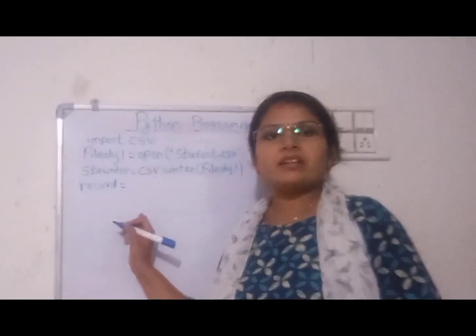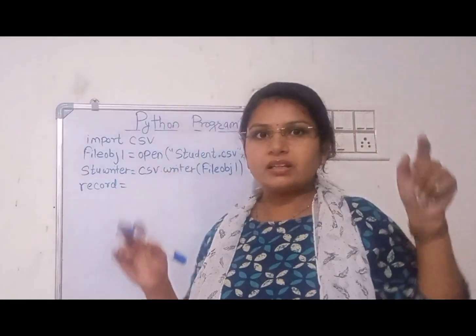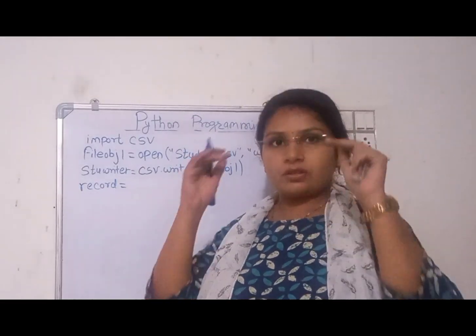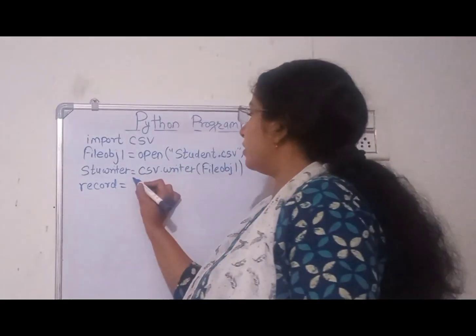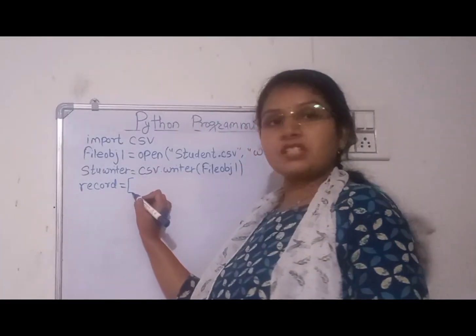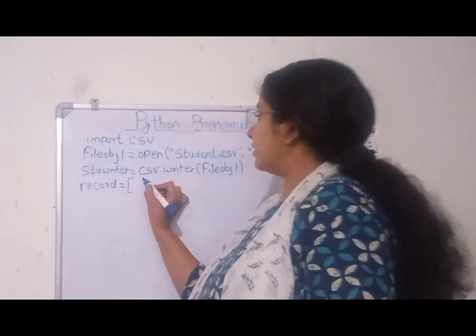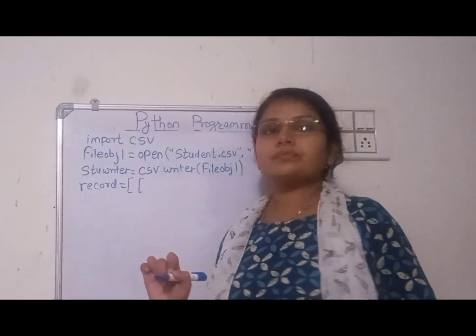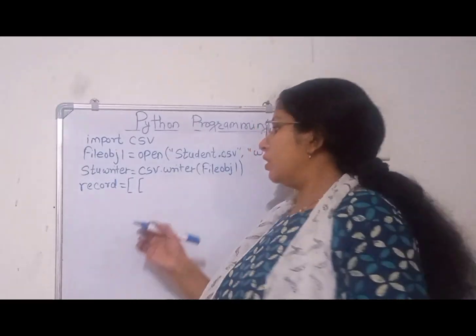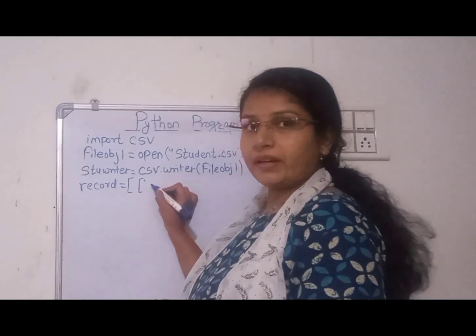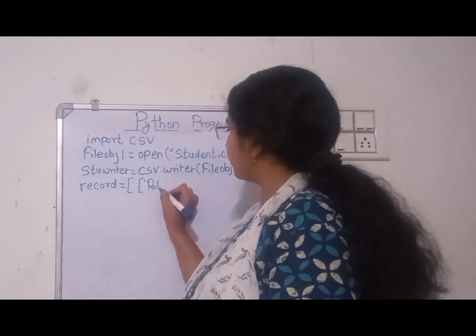You are creating a nested list here, meaning one big list containing several nested lists, sublists. So this first bracket is your main list, one complete list, and the second one will be your first record.